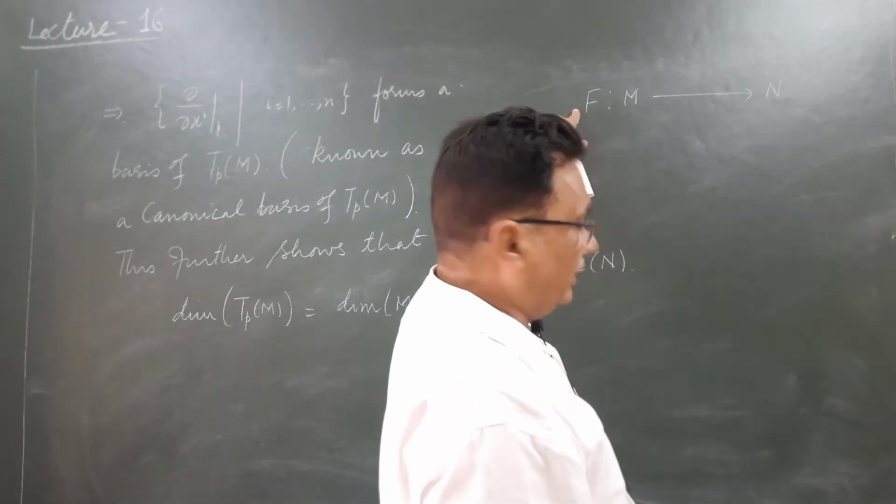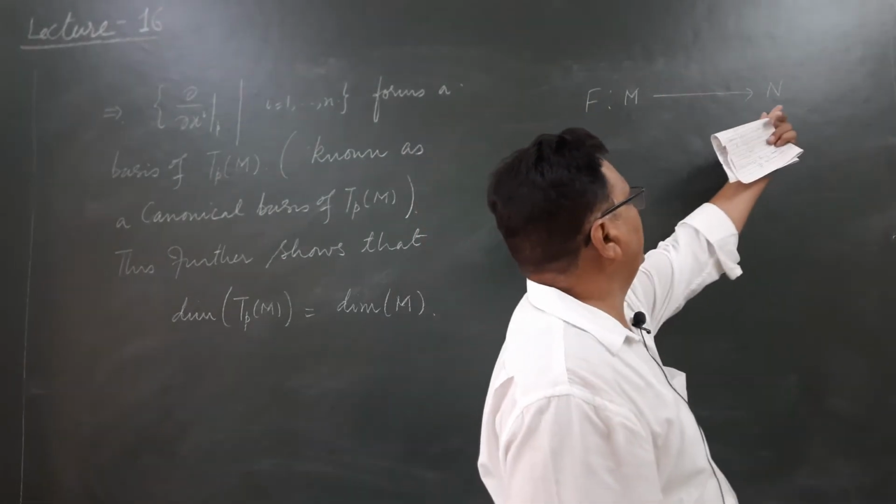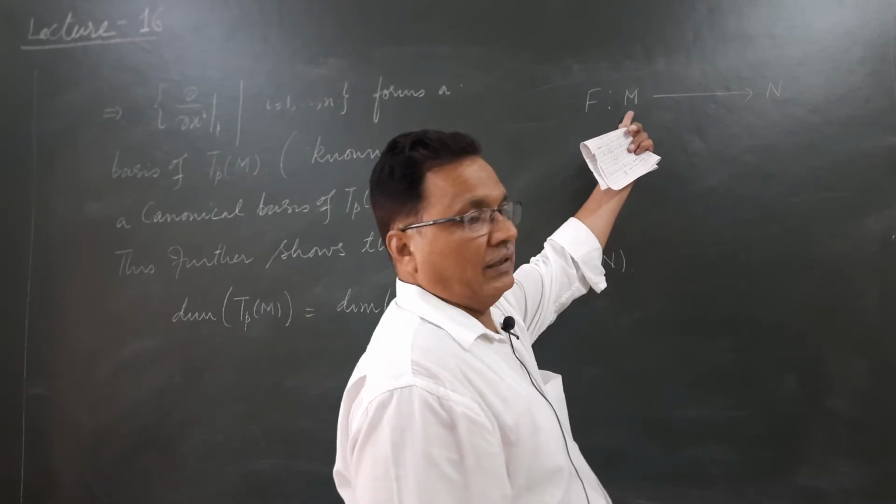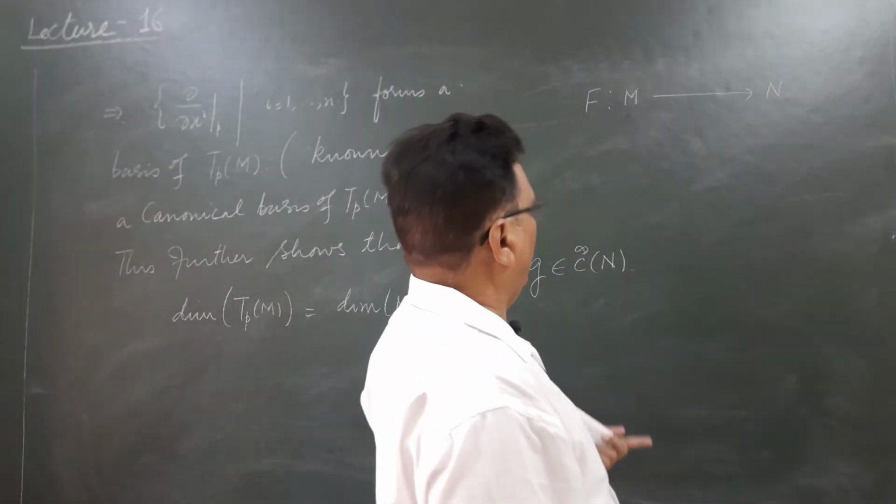Through F, with the help of F, can I pull it back onto M? And how can it be done?